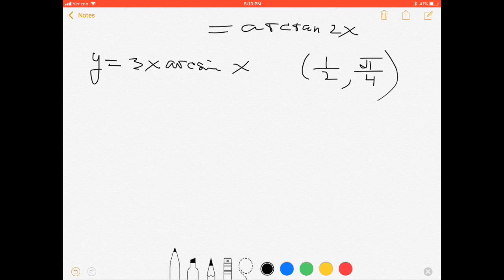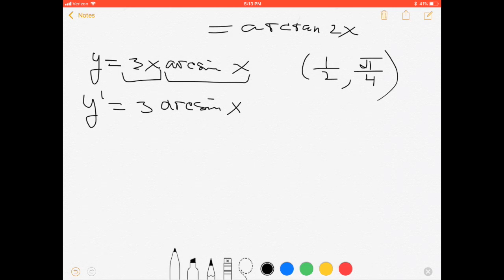Here we need to find the slope of our tangent line. This means our derivative will use the product rule because we have a product of two functions, 3x and arcsine x. The derivative of 3x is 3 arcsine x plus 3x times 1 over square root of 1 minus x squared.